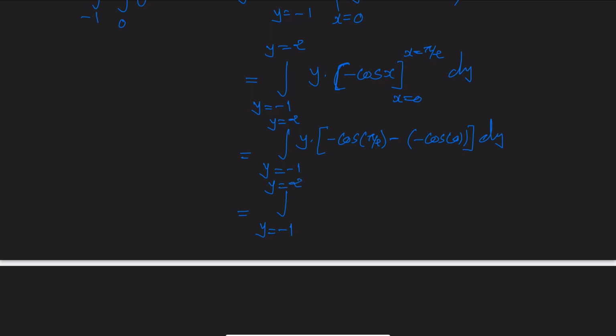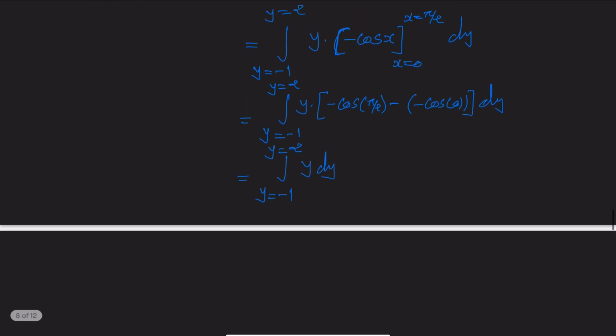So this is equal to the integration from y is equal to -1 to 2 of cos pi by 2, which has value 0, and cos 0, which has value 1, so minus plus 1, and therefore this is just y into dy. And you know the integration of y with respect to y is y square by 2, from y is equal to -1 to y is equal to 2.